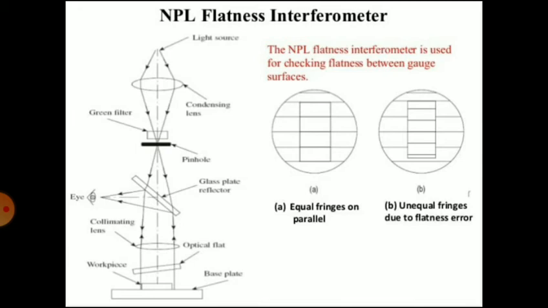The pinhole is placed in the focal plane of the collimating lens. Thus, the radiations out of the lens will be a parallel beam of light. This beam is directed on the gauge to be tested through the optical flat. Below the collimating lens there is an optical flat.